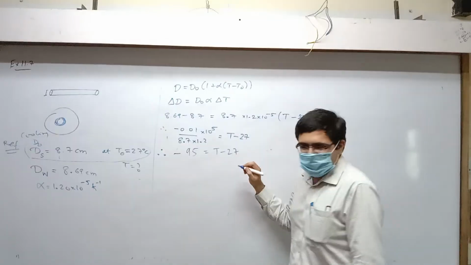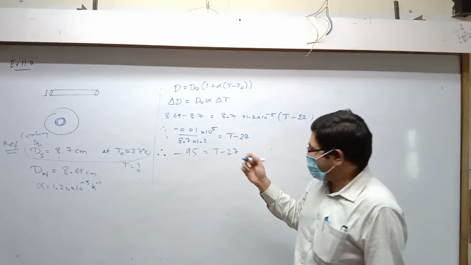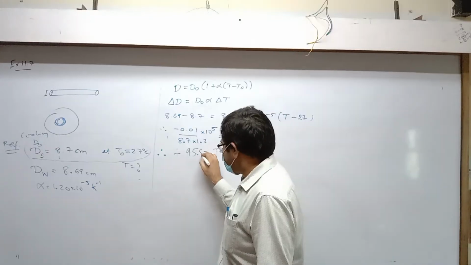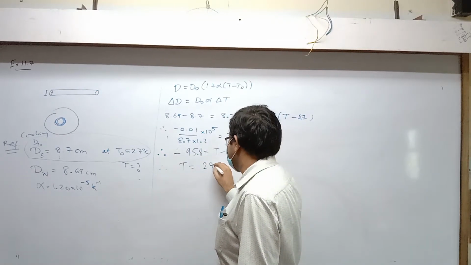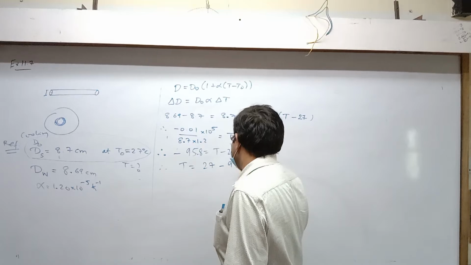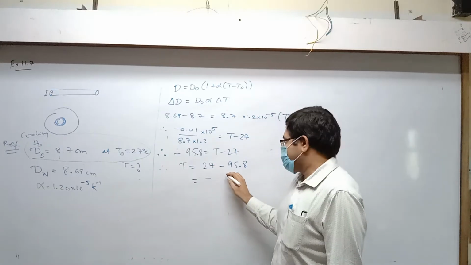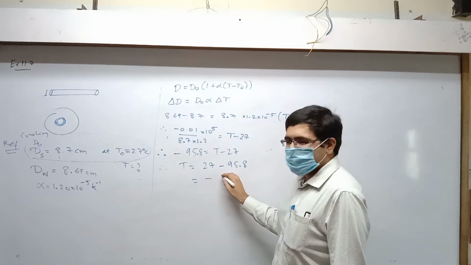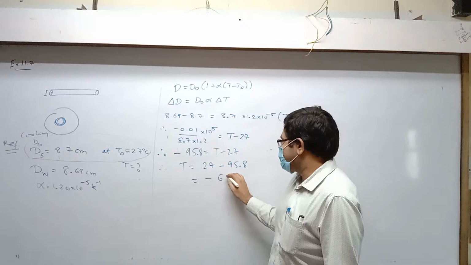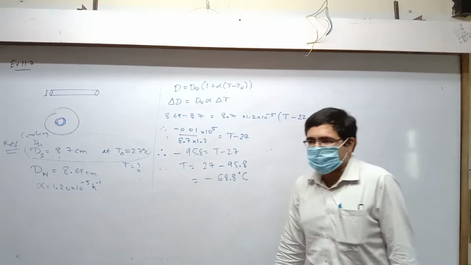Is that what you all get? Okay, 95.8 you will have. So, right? Therefore T equal to 27 minus 95.8. What was subtracted? So minus 68.8 degrees, minus 68.